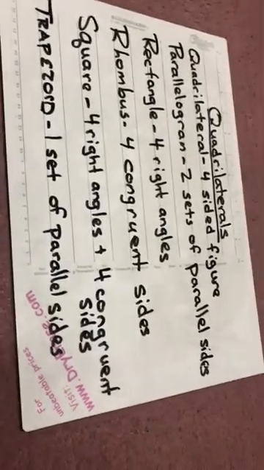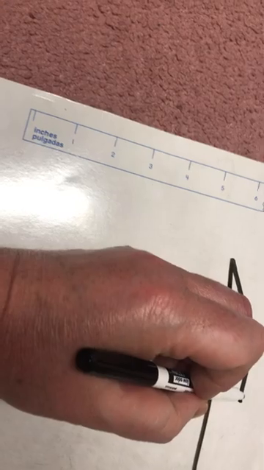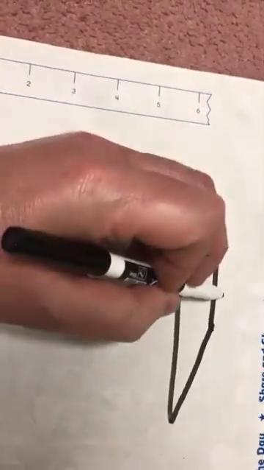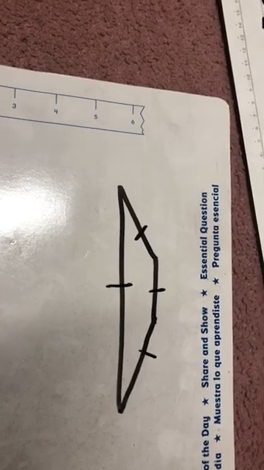For example, this, if I'm drawing here, this, and that is a 4-sided figure. Okay? 1, 2, 3, 4. That is considered a general quadrilateral simply because it's a closed figure that has 4 sides.